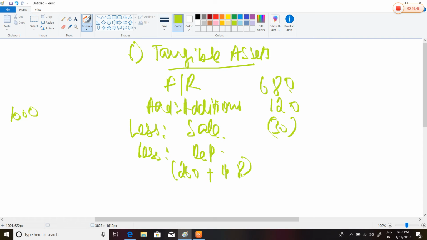You can calculate it in a normal manner: 408. Total is 680 plus 120 minus 30 minus 408, 362.